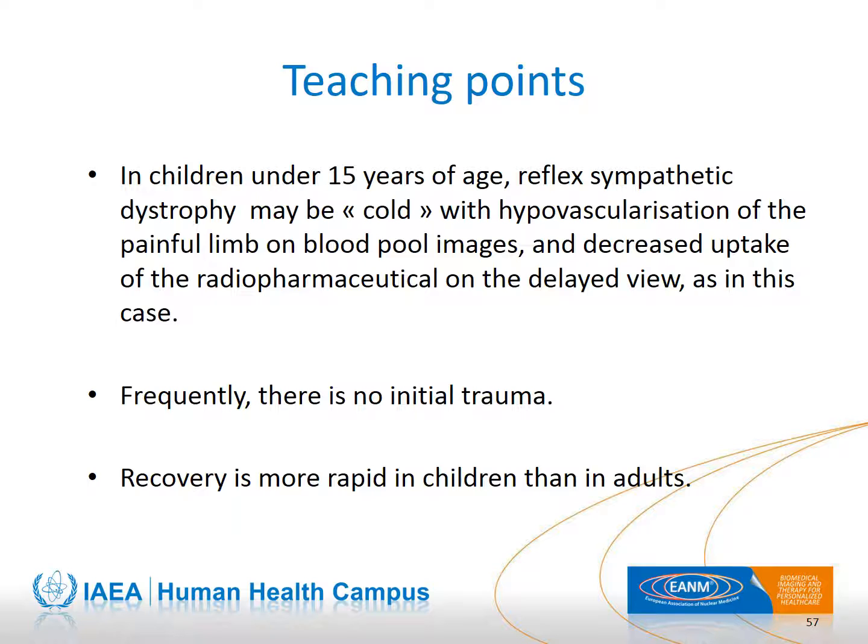Cold reflex sympathetic dystrophy is a specific pediatric aspect which I have never seen before 8 and after 15 years of age. The pain often occurs suddenly with no trauma. The prognosis is usually good with more rapid symptom resolution than in adults.